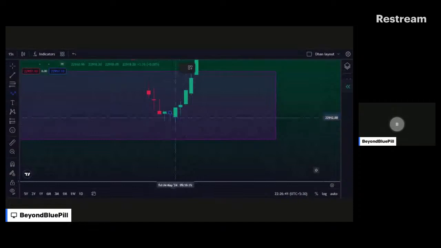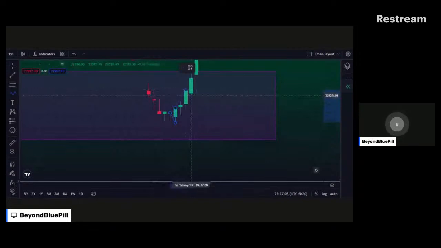And when I see this move up, when I see this kind of form and it moves up here, I would anticipate a retracement, or maybe I would have waited for this low to get taken.